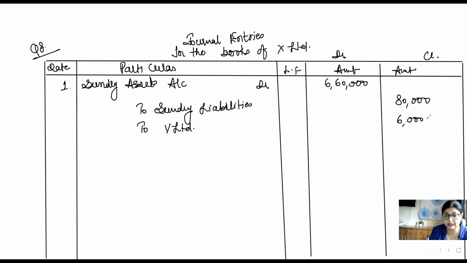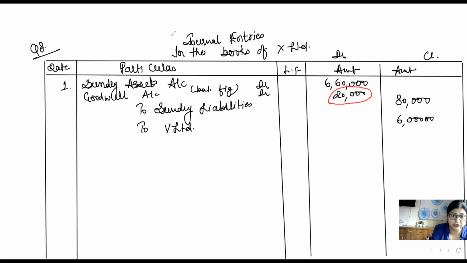So there is definitely a difference of 20,000 between the debit and credit side, and the balancing figure is coming on the debit side. As we discussed, the debit side balancing figure is considered to be goodwill. So goodwill account is debited with 20,000, and this 20,000 is the balancing figure. I'll just circle it so that you remember that this is your balancing figure.